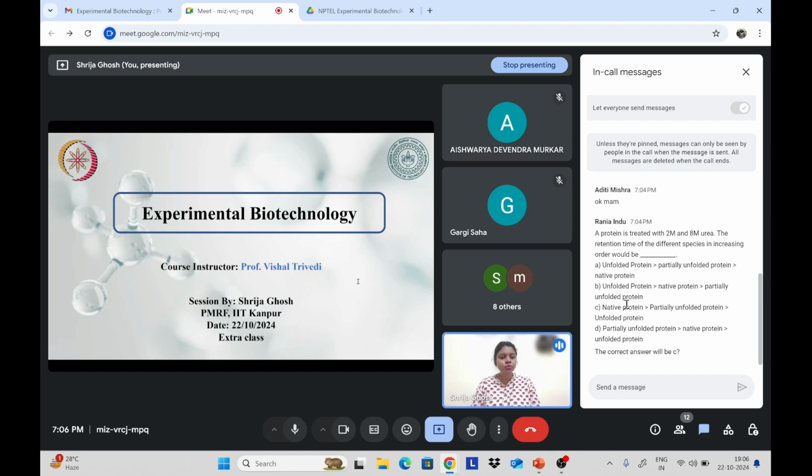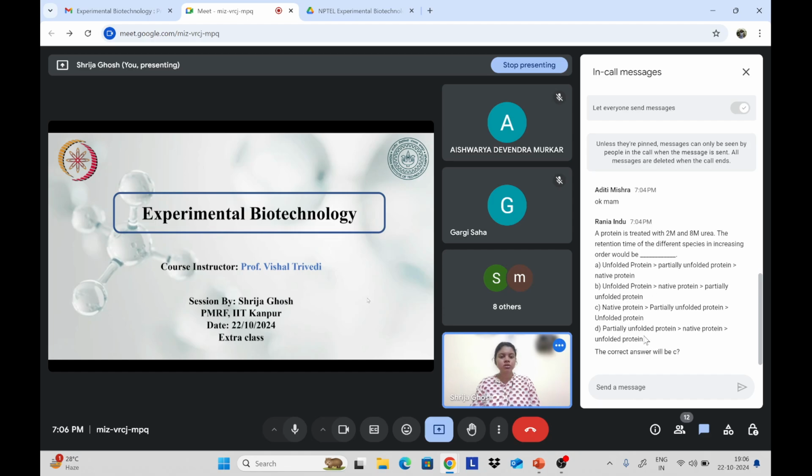Basically, the completely folded protein will elute last from the column because it will be the smallest molecule. The larger molecule will elute first. I'm assuming this is talking about a size exclusion column.